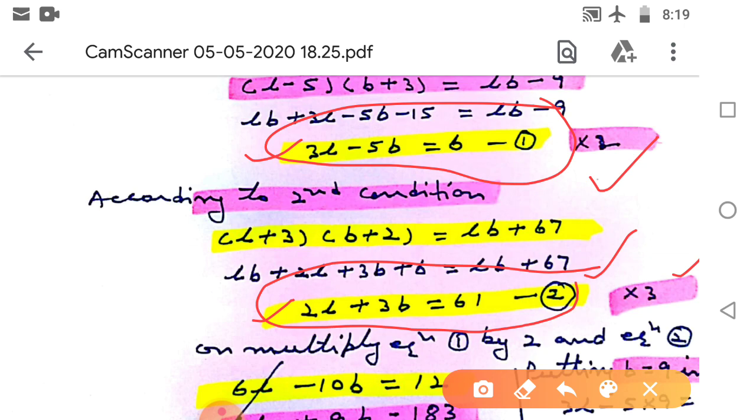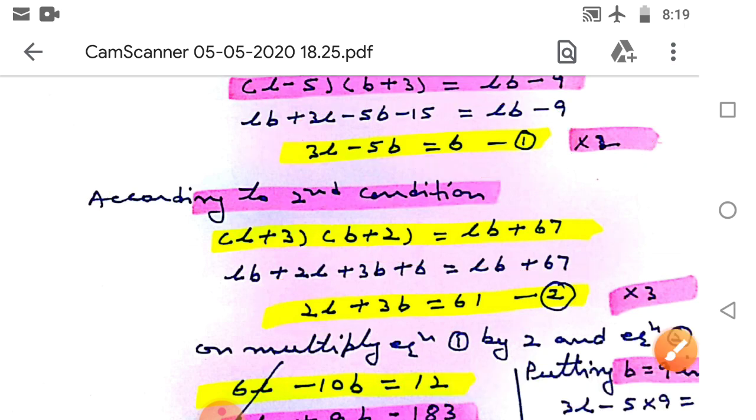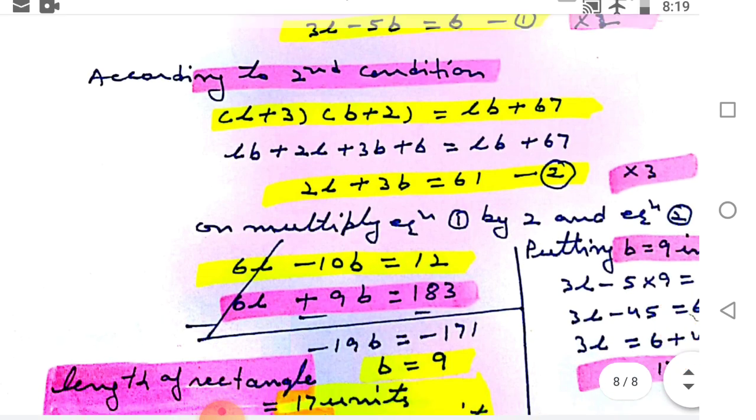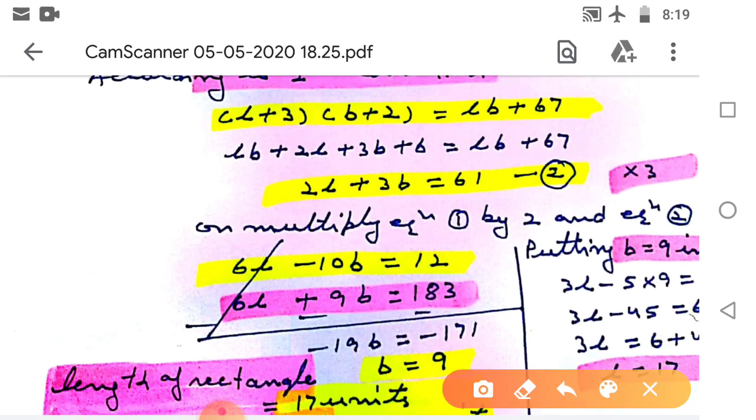Clear? So equating the coefficients by the elimination method, we are solving these two linear equations. The first is converted into 6L minus 10B is equal to 12, and the second equation is converted into 6L plus 9B is equal to 201 when you multiply equation 2 by 3. Clear? Now subtract, and we get the value of B as 9.